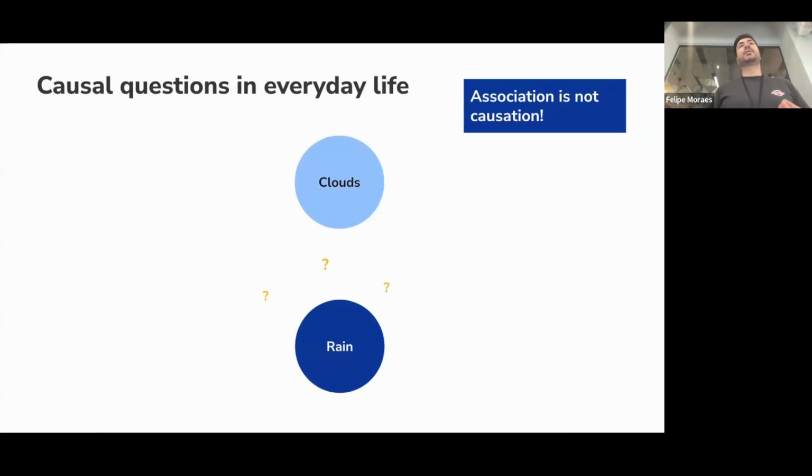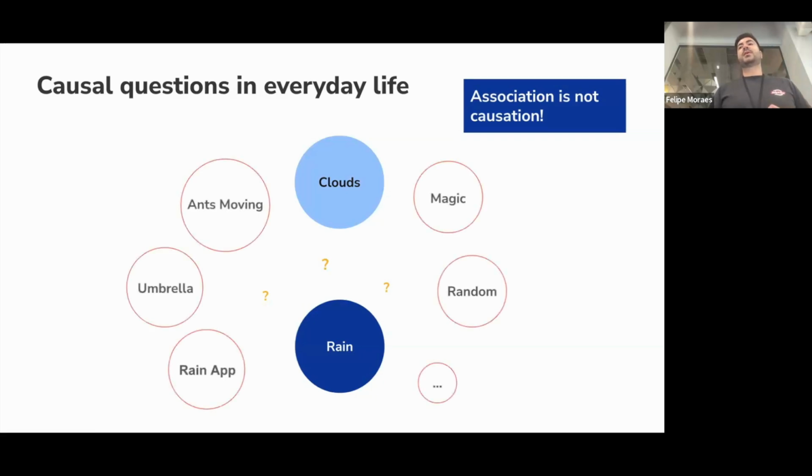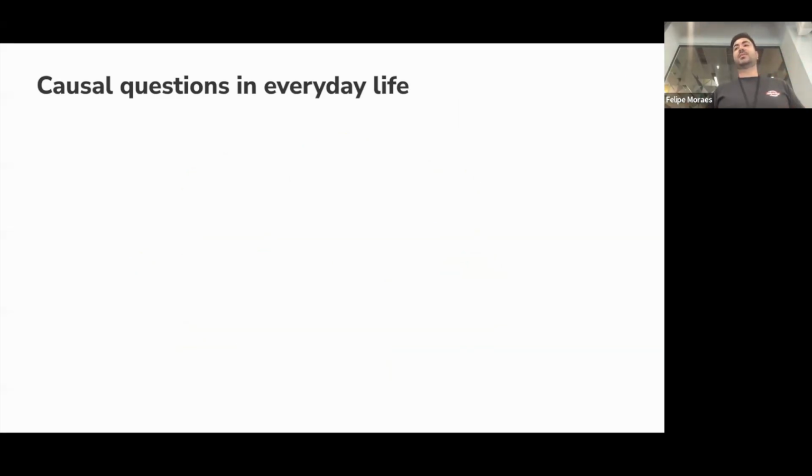They are only associated with it. We might find that there is an association between seeing more ants moving and rain, and they are highly correlated, but they are not actually a cause of rain. So those things in red might be associated with rain, but they are not the cause of it.